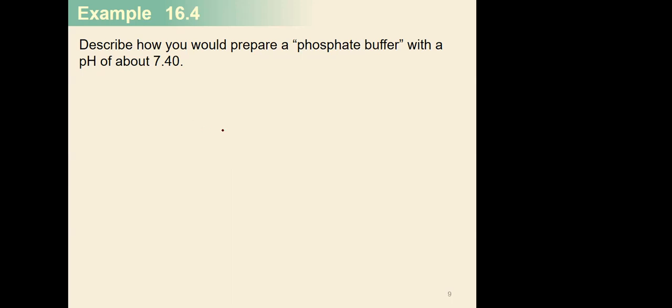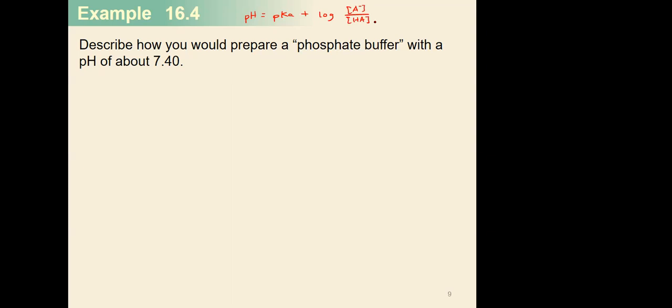And if we have a buffer, we're just going to use this equation. I would suggest you memorize this equation because it will be handy, not only in your third exam, but also in your final exam.